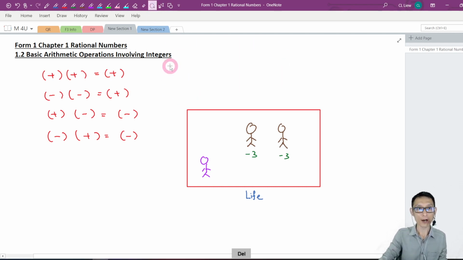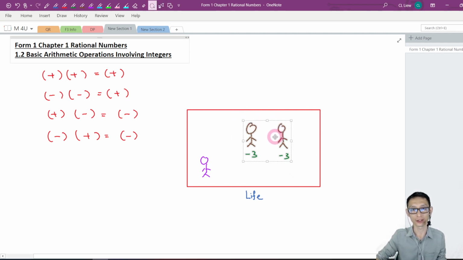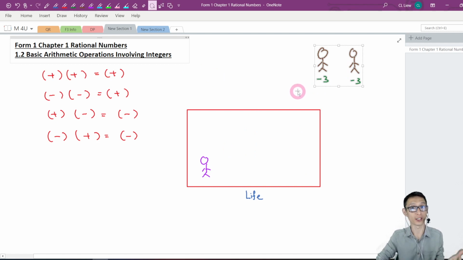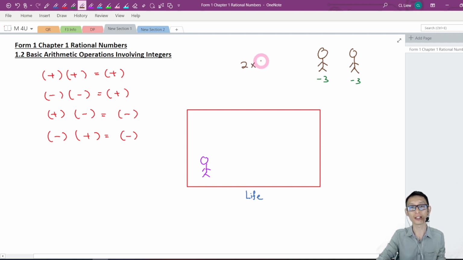So how about if you take away these two creditors from your life? In this situation, still the same: each of them you need to pay 3 ringgit, so 2 times negative 3. But you take away them from your life. You don't have to pay them anymore.